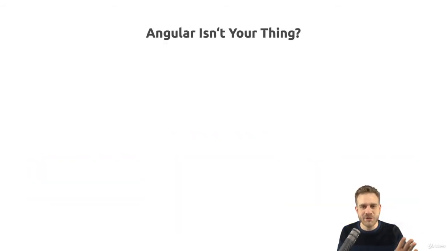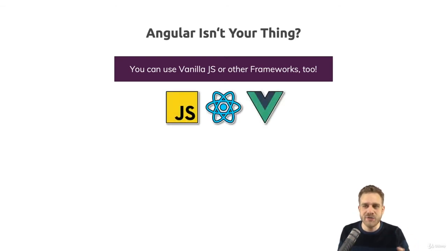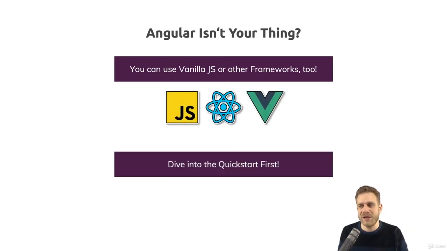If Angular isn't your thing, then this might not be 100% the right course for you, but I want to highlight at this point that Ionic also works with just JavaScript, no framework at all, or with other frameworks or libraries. So you can use it with React or Vue as well if you want.